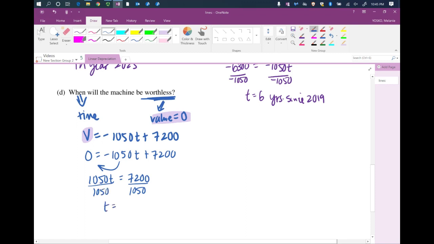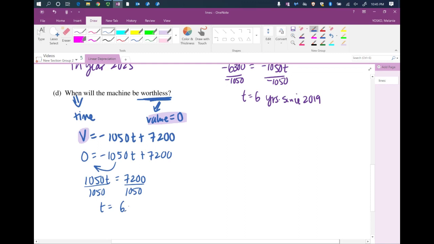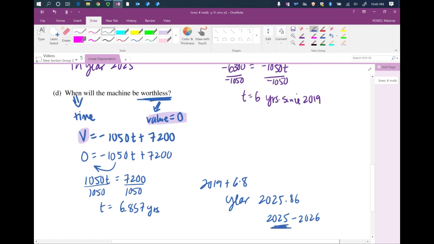And we end up with, I'm going to do a decimal approximation, 6.857 years. So it was 2019 plus 6.8. And so the year is 2025.86. So between the year 2025 and 2026. So sometime during this year, before 2026, it will be worthless. Okay?